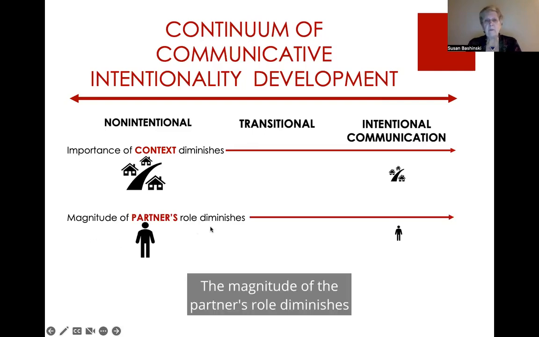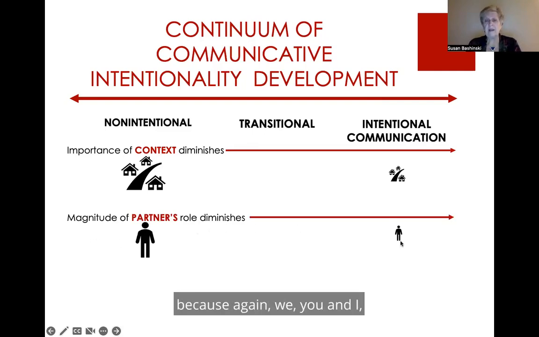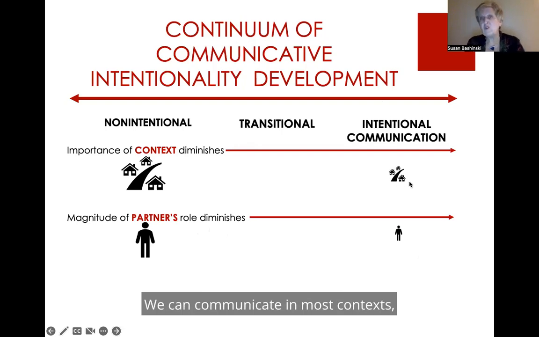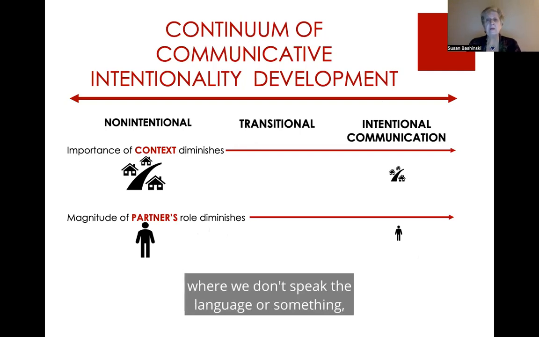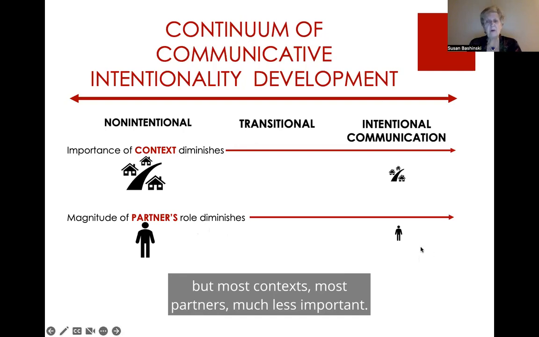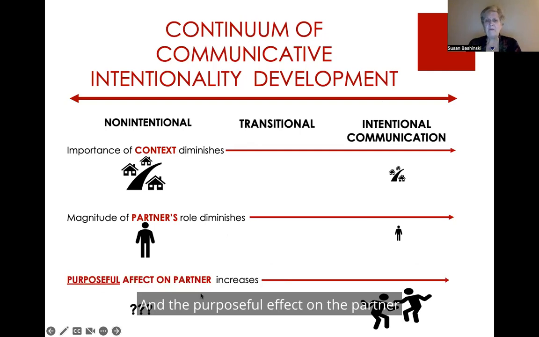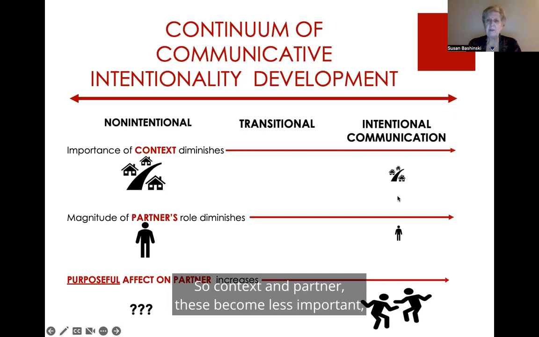The magnitude of the partner's role diminishes because, again, you and I can communicate with people we know, people we don't know. We can communicate in most contexts, maybe not if we're totally terrified or lost or in a country where we don't speak the language, but in most contexts, most partners, it's much less important. And the purposeful effect on the partner absolutely increases. So context and partner become less important, but the purposeful effect on a partner increases.